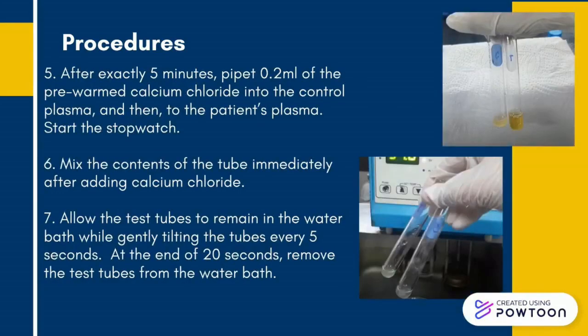The timer will be started immediately after. Both tubes, which are still in the water bath, should be tilted every 5 seconds and should be removed after 20 seconds. Continue tilting both tubes. Stop the timer when clot formation is observed, which normally occurs in less than 35 seconds.